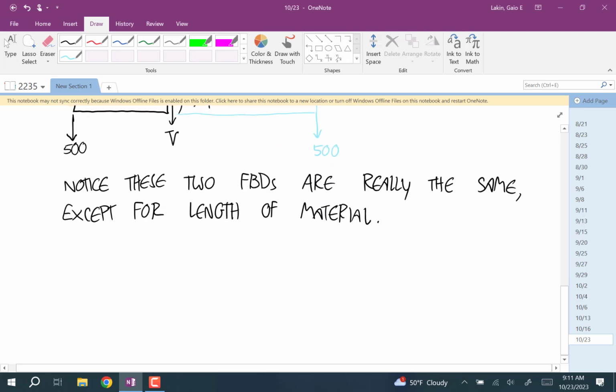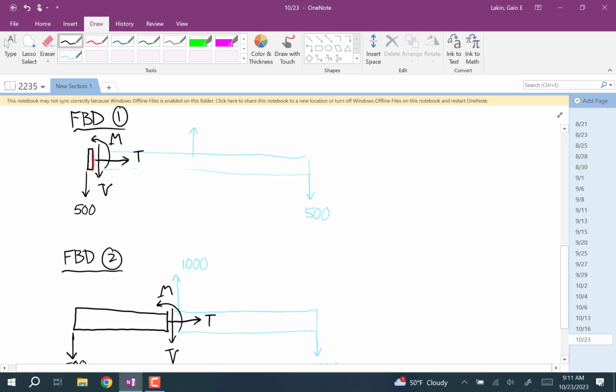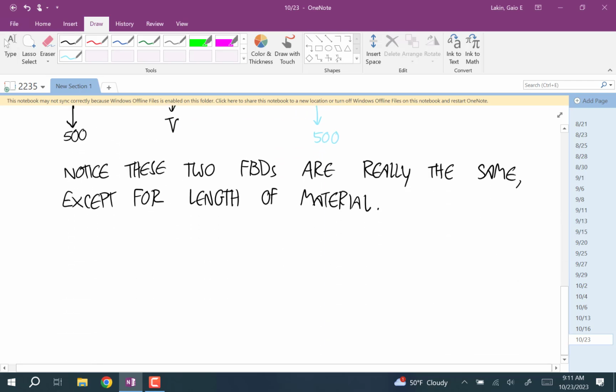Okay, so instead of drawing separate free body diagrams and doing separate calculations for those two things, watch this. This is going to be awesome.